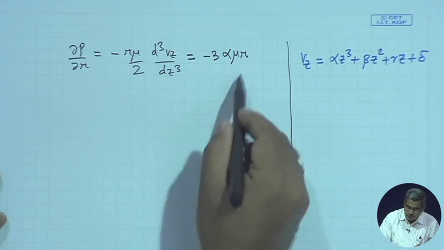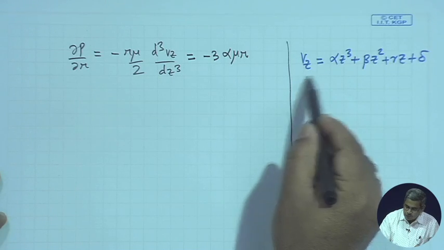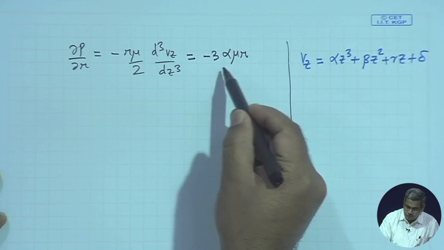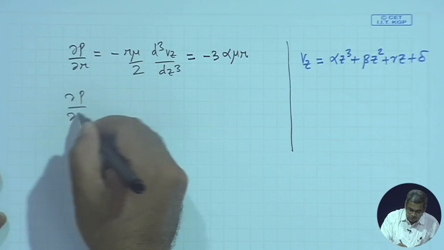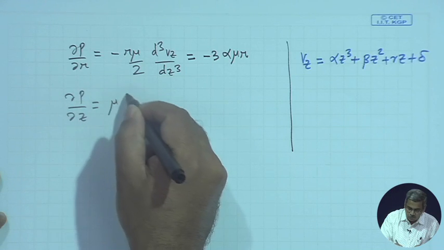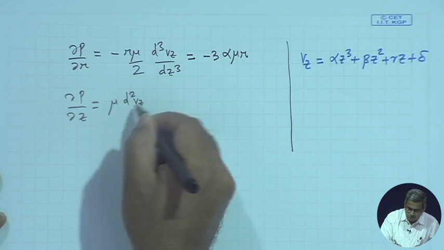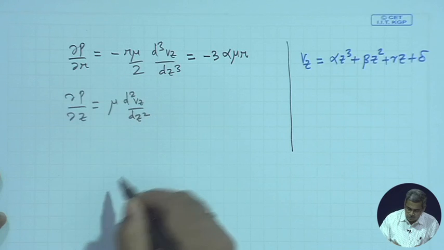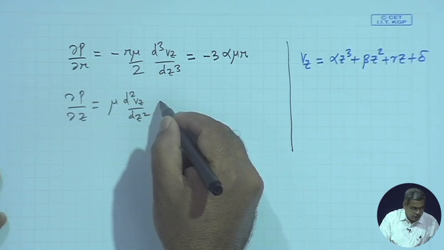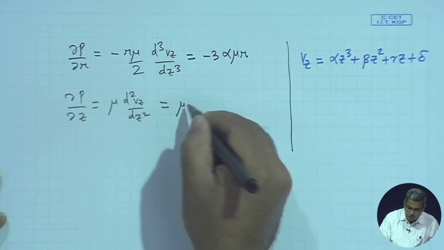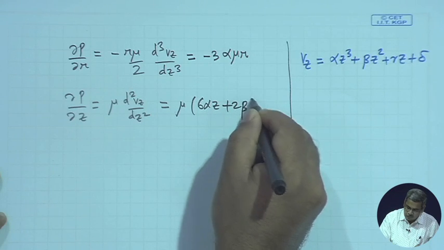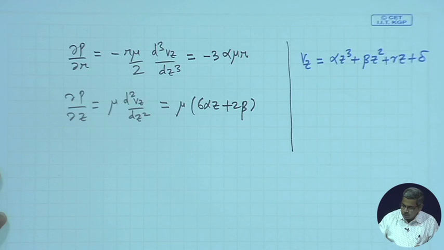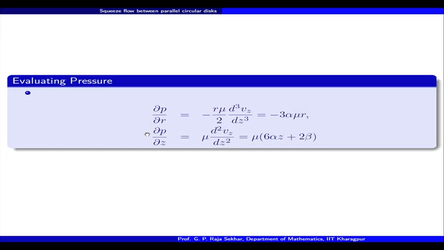Similarly, we have the other equation, and from here we can get mu. One can calculate this very easily, and that is what we have done.